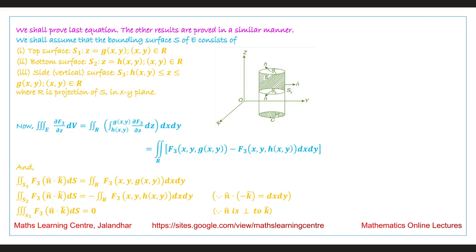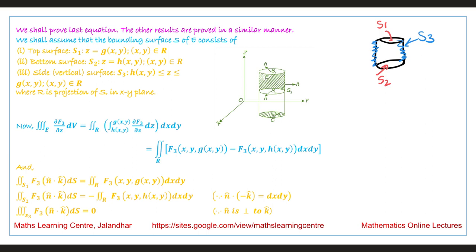We assume that the surface given to us is some closed surface, and it consists of the boundary: this top surface is S1, this bottom surface is S2, and this vertical surface is S3.